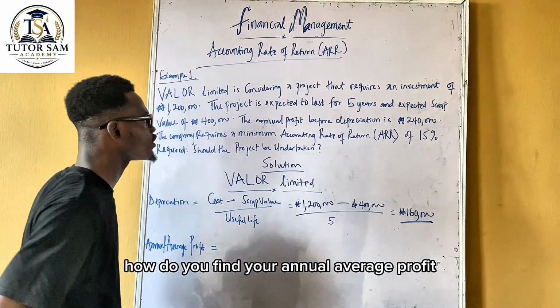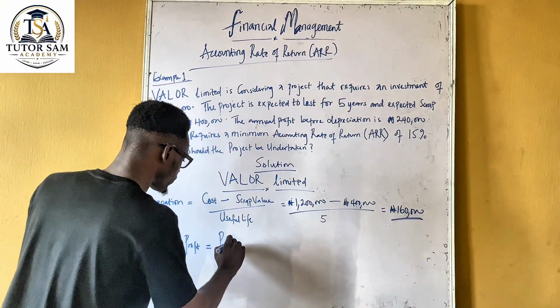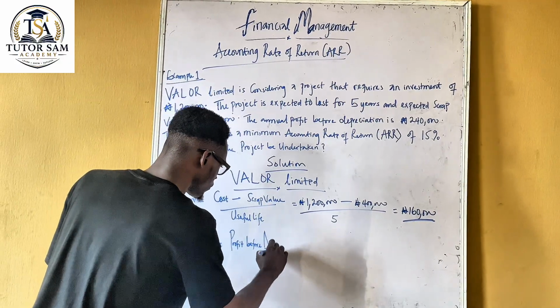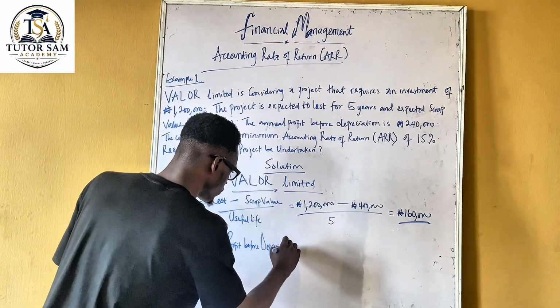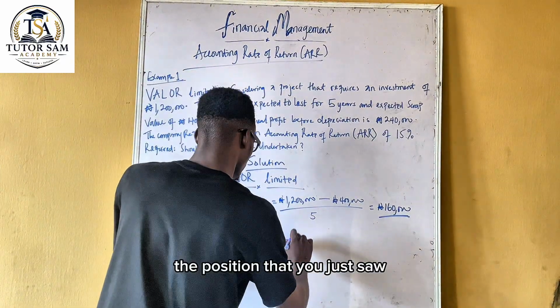How do you find your annual average profit? Your annual average profit is profits before depreciation minus depreciation itself, the depreciation that you just saw.